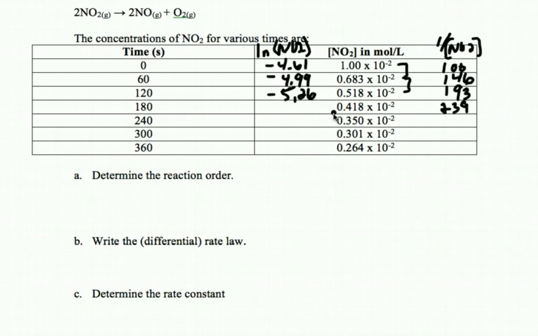So what I'm trying to look for is a situation where the change in time is always 60 seconds. If it's going to be a straight line, that means my intervals between these are also going to be equal. What I mean by that is if I look at the difference here, this is a difference of 0.38. And this is a difference of 0.27.